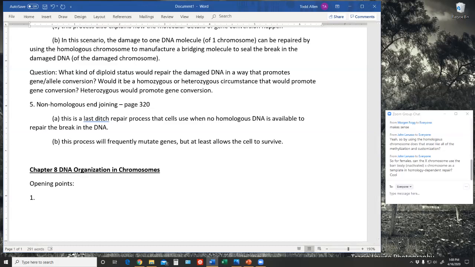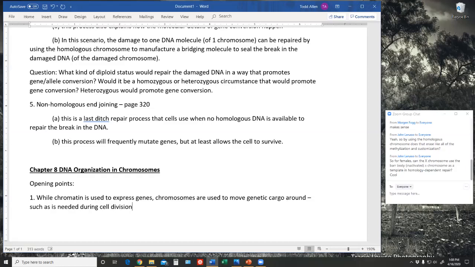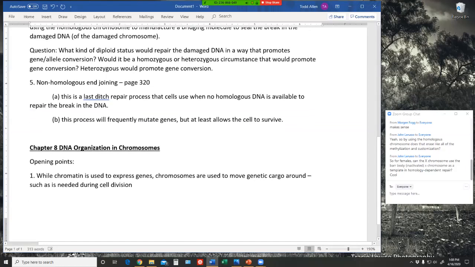The chromosome is for literally moving the genetic cargo around from one cell to the next, okay? While chromatin is used to express genes, chromosomes are used to move genetic cargo around, such as is needed during cell division. Chromosomes are much better at physically moving cargo around than expressing genes.